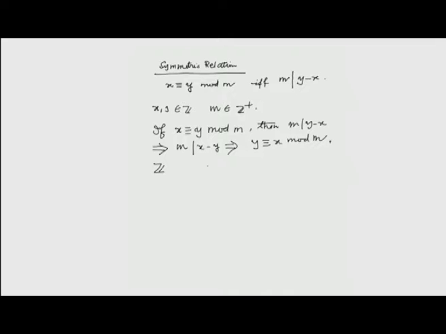So, the relation is defined as a less than or equal to b. We know that we will say that a less than or equal to b if b minus a is greater than or equal to 0.